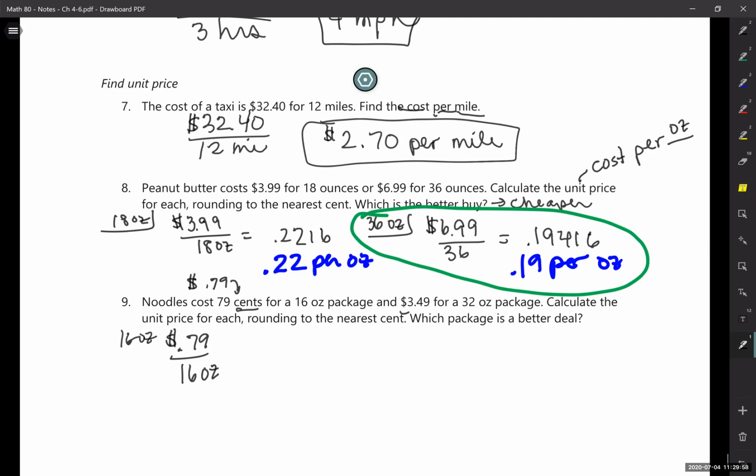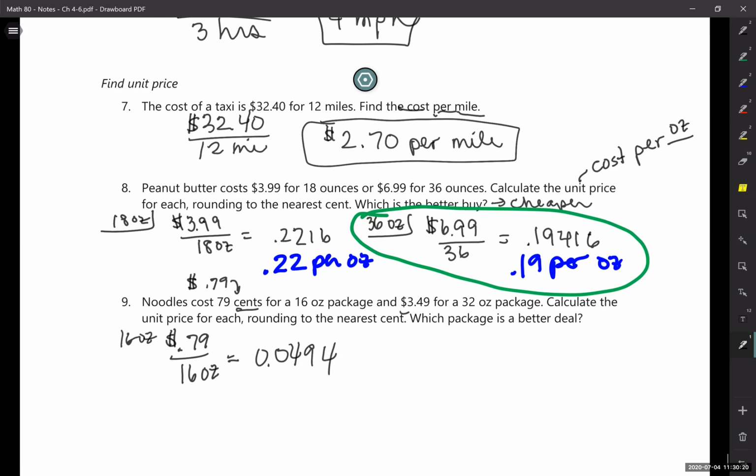And I put that in my calculator. And again, we're going to the nearest cent. And I get a pretty small number, 0.0493, and well, probably, I'll just round it here. We'll round it in a minute to the right answer. But I just want a couple decimal places there.